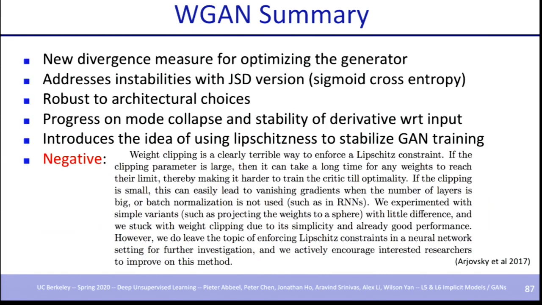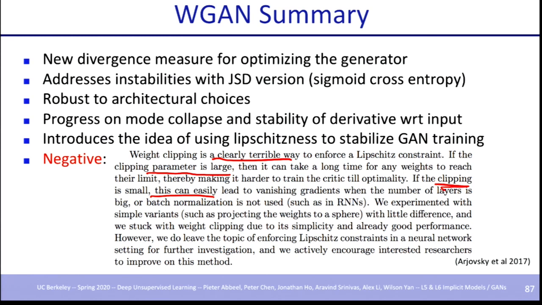Again, the authors themselves say that it's terrible, and there are reasons. If the clipping parameter is large, then it can take a really long time for the weights because there's a lot of values they can take. And if it's really small, you're going to get what you usually know as vanishing gradient, because the gradients are all scaled by activations, and if your weights are low, your activations are low, and therefore your gradients are low.